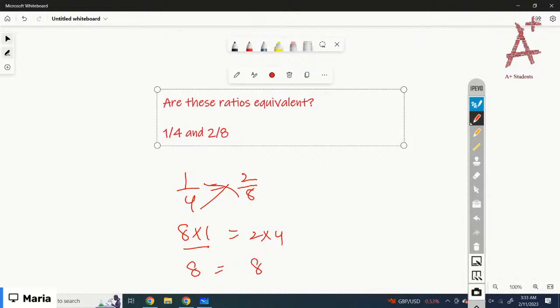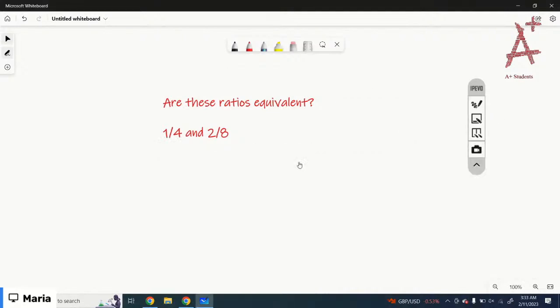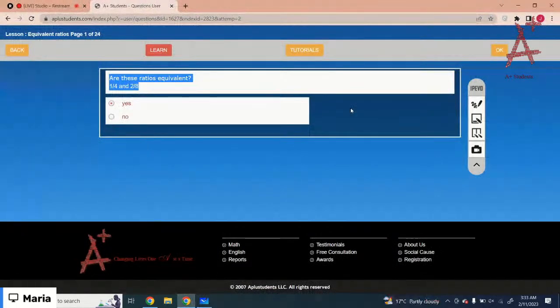So yes, they are equivalent. Got it? So the correct option is yes.